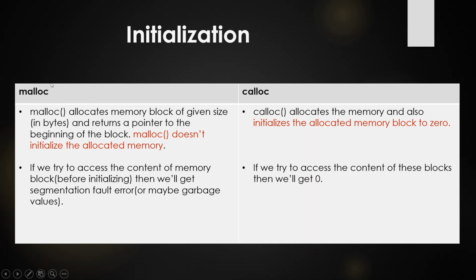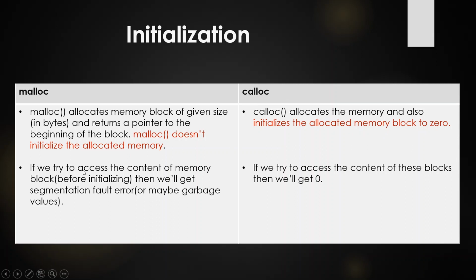We just create the dynamic memory and insert the elements. But in calloc, after allocating dynamic memory, first we initialize the memory blocks to 0, and then we insert the user inputs. So malloc will not initialize to 0 after allocating dynamically, but calloc will initialize to 0 after dynamic memory allocation.